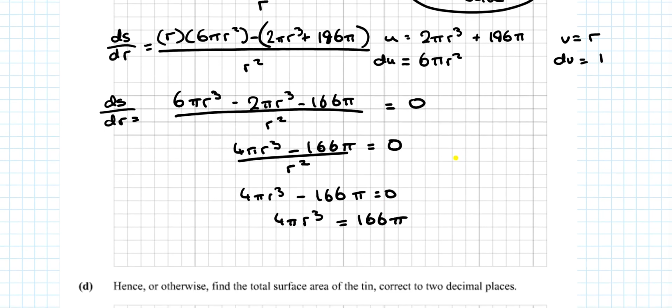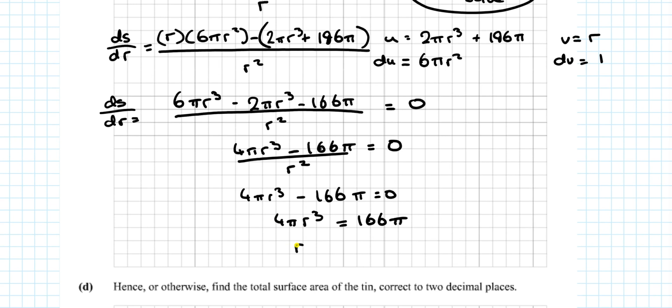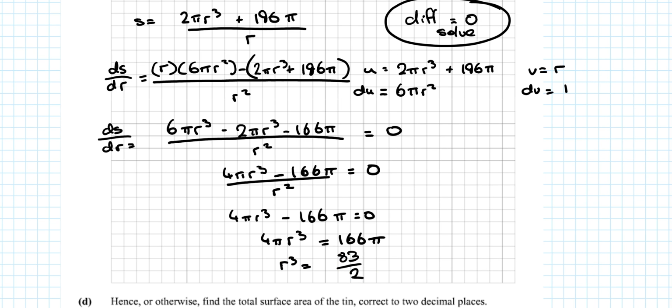Solve this for r then. r cubed is equal to, divide by 4 pi, so 196 divided by 4, 49. And I'm making terrible mistakes today.